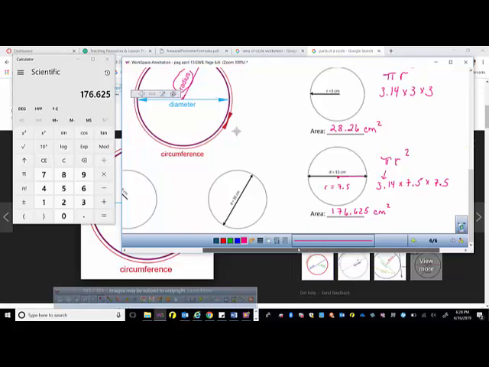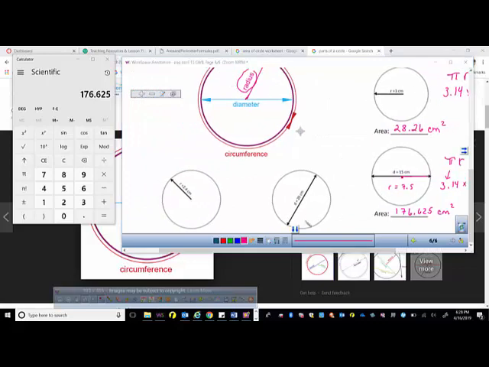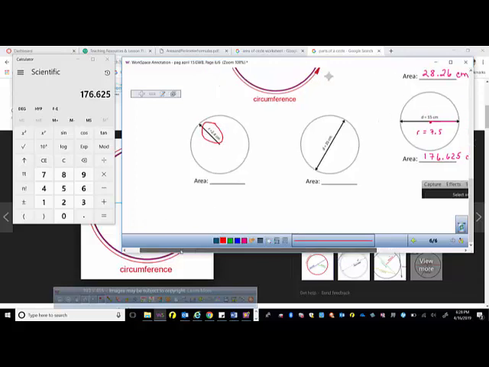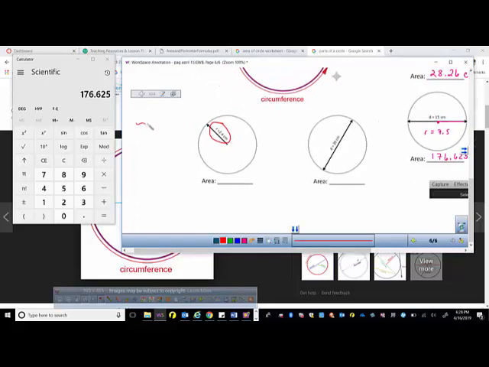All right, so let's move over here to our bottom two examples. If you look at this one, they give us the radius. So I don't have to change it because it's already the radius. So my formula is pi times the radius squared. So pi is 3.14 times my radius is 2.4 times 2.4 because it's radius squared, so you need two of those.